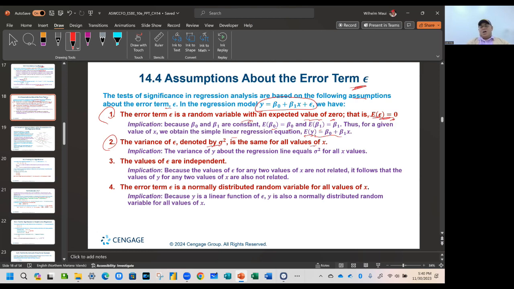So the variance of y about the regression line is going to be equal for all values of x.